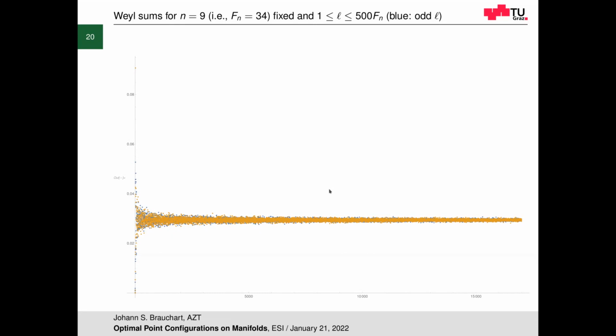You can see here at the beginning, and I have to zoom in to give you more details, there are rather large values, and then it starts to stabilize around a certain value, which will become smaller as the number of points increases.